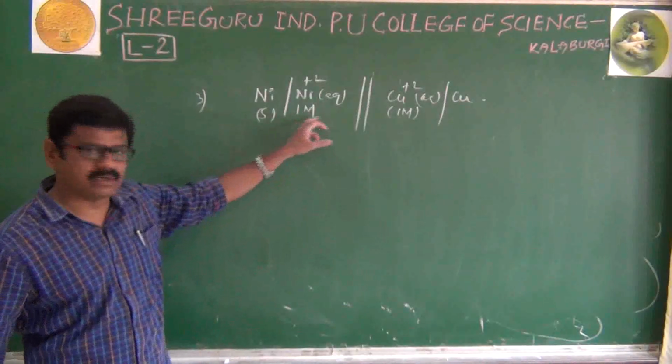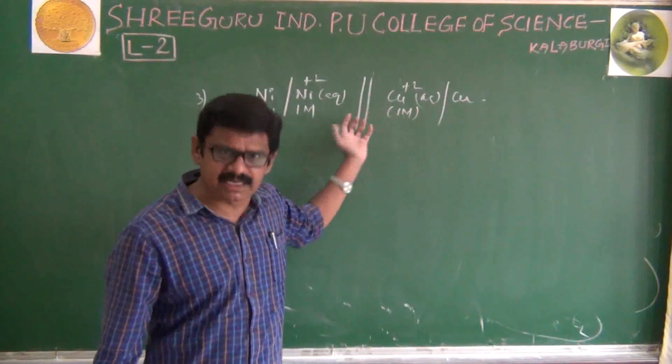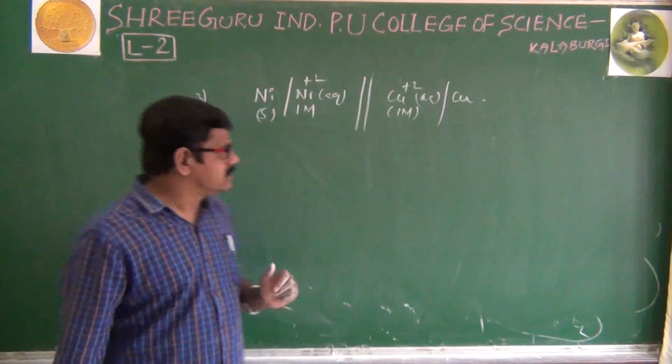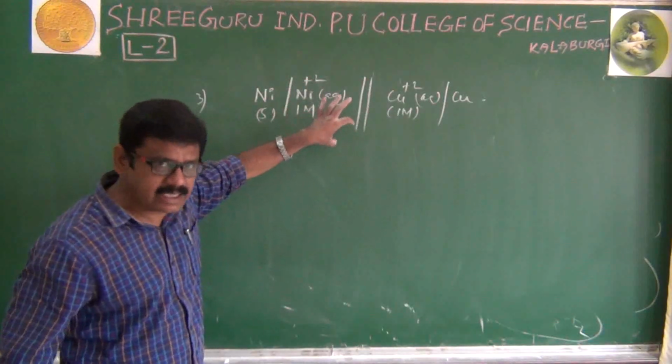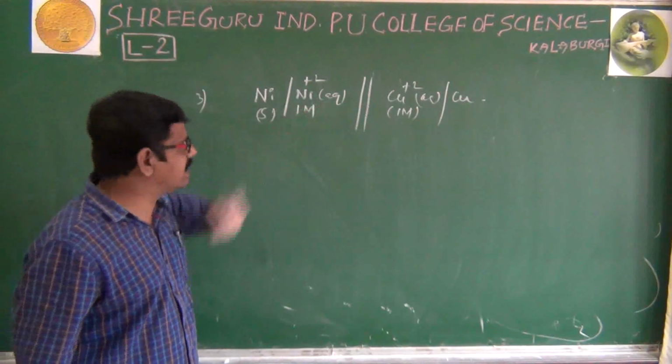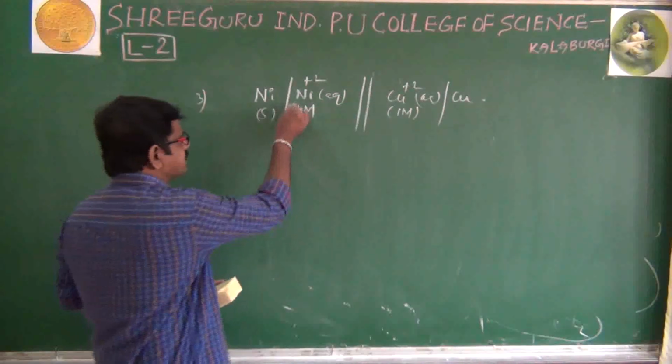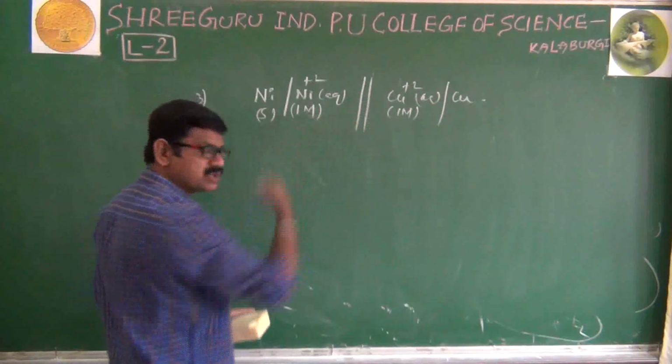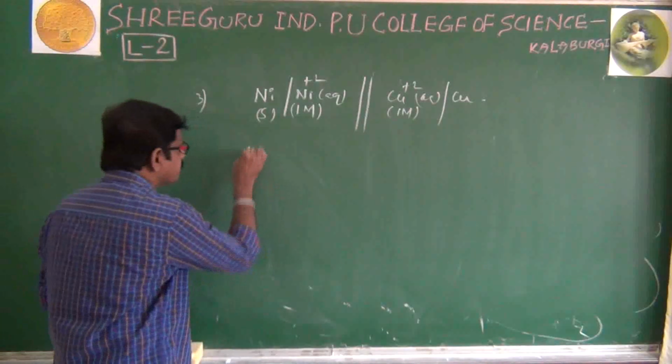This is also not called a Daniell cell, but it is a type of galvanic cell. Now, for this galvanic cell, we have to calculate the EMF value, the electromotive force. Here it is compulsory that both half cell electrode potentials are given. Now the values are like this.